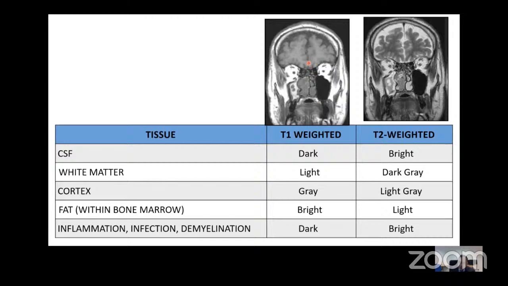In a T1, the CSF is black, the fat is white, gray matter is gray, and white matter is white. On the other hand, in a T2, CSF is white, fat is darkish, the white matter is gray or dark, and the gray matter is white. This I find quite useful when I want to check whether it's a T1 or a T2.